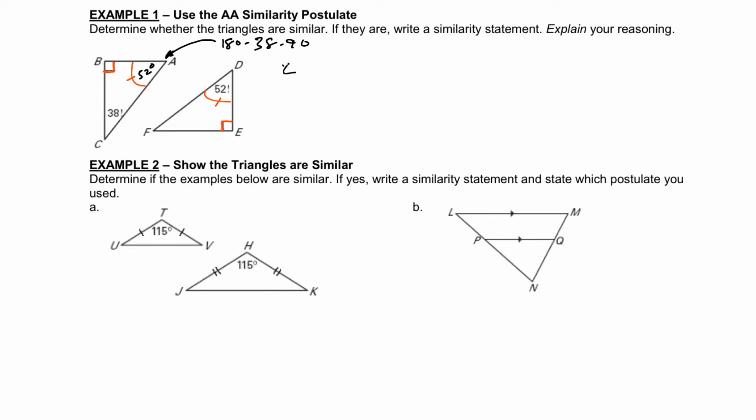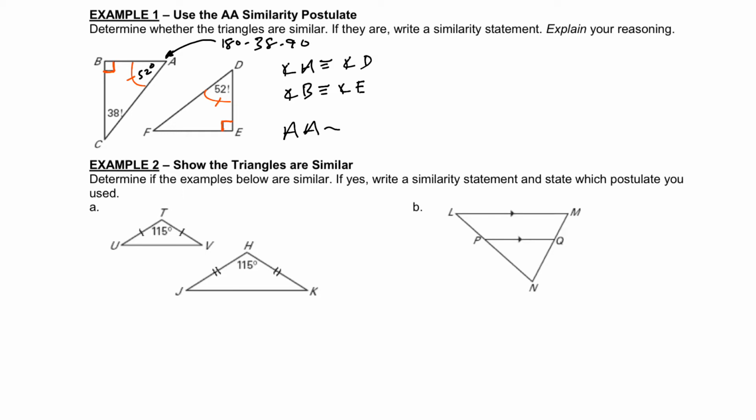Angle A is congruent to angle D, and the pair of 90-degree angles are congruent to each other, so angle B is congruent to angle E. Therefore we have angle-angle similarity. So we've shown that the two triangles are similar.